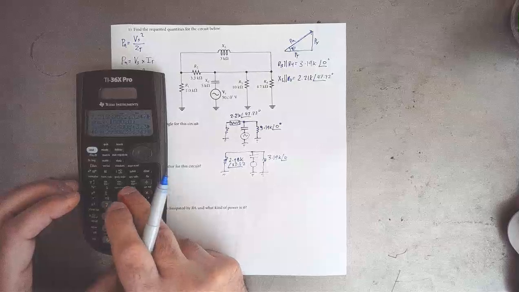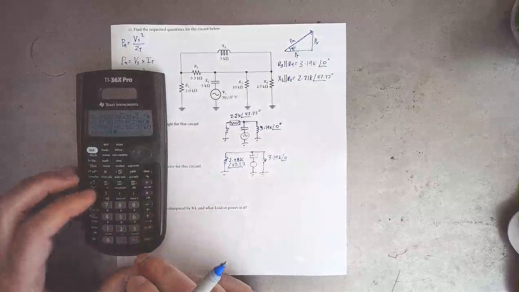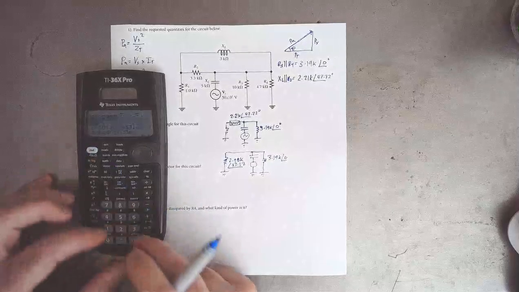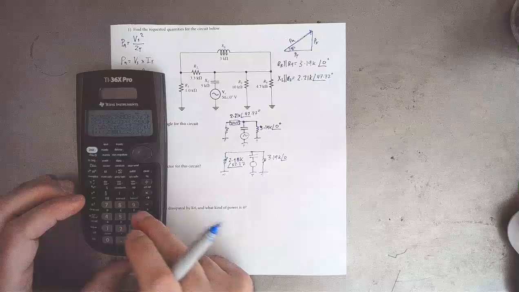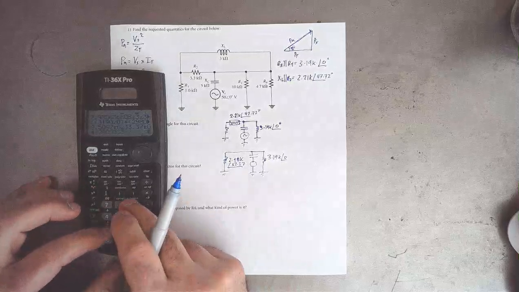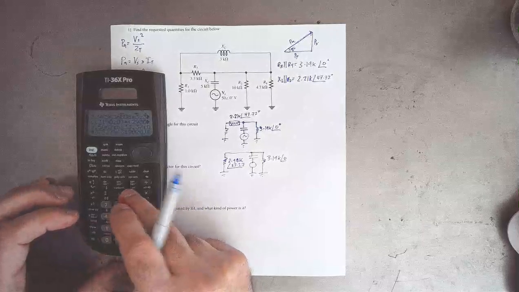33.37. So there's my numerator, divided by parentheses, 2980 at an angle of 33.37 plus 3190 at an angle of 0.